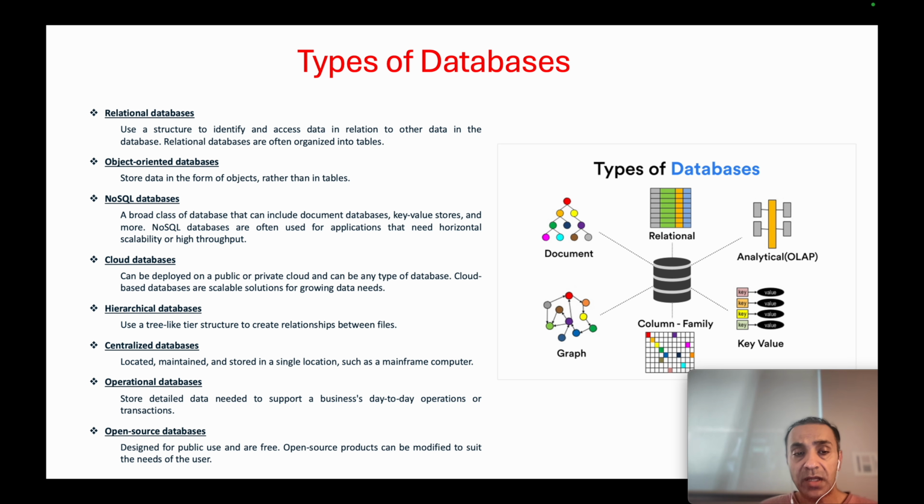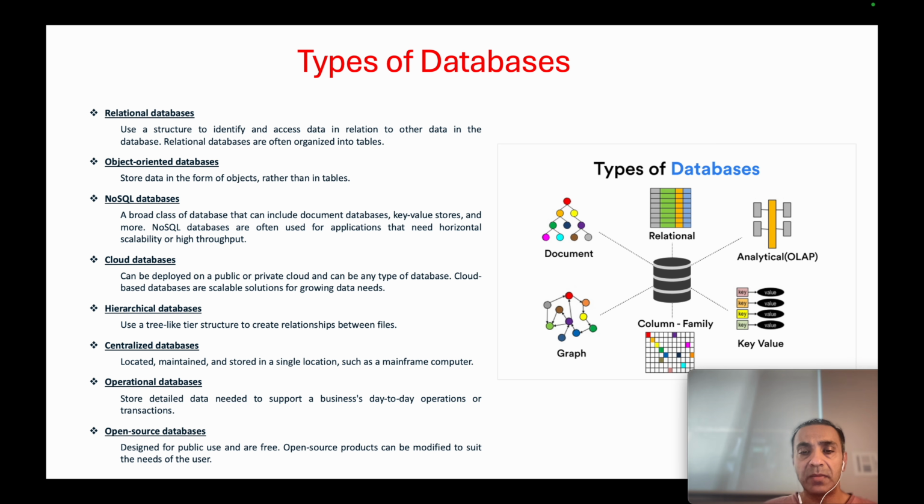We also have centralized databases that are located, maintained, and stored in a single location, such as a mainframe computer. There are also operational databases that store detailed data needed to support business day to day operations or transactions. And finally, there are open source databases as well that are designed for public use and they are free. So anybody can contribute to that.